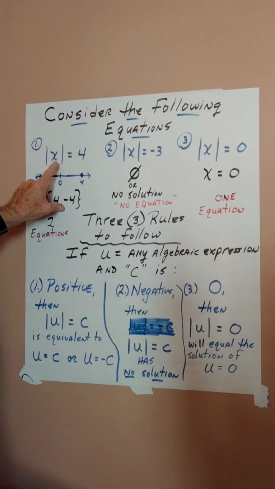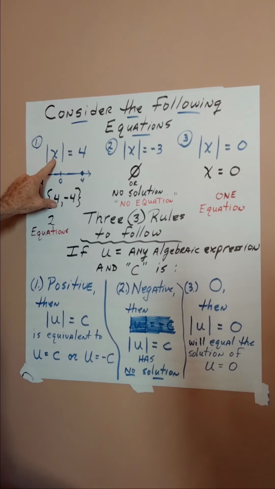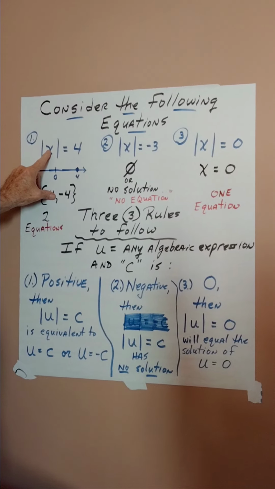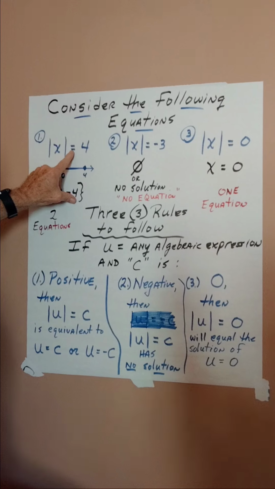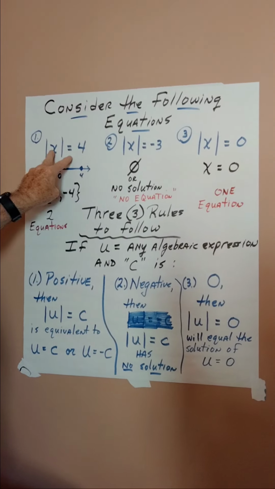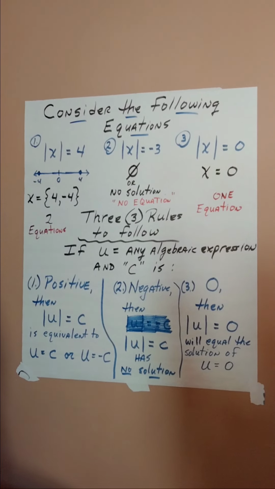So when we are considering an absolute value equation where the algebraic expression in between the absolute value bars is equal to a positive number, this type of equation is going to lead to 2 solutions.